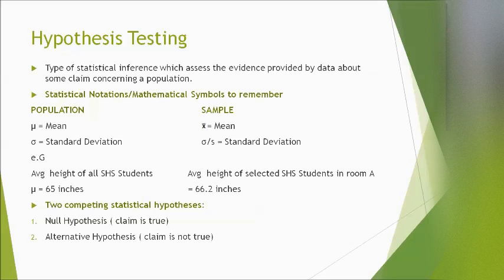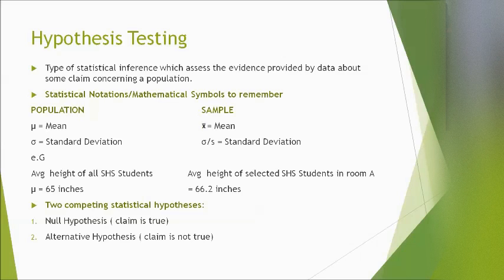Those are the statistical notations or mathematical symbols to remember when conducting hypothesis testing. An example of a population: the average height of all senior high school students. Meaning, you're going to get the total population. For the sample: the average height of selected senior high school students in room A. So from the population, you take the total, while for the sample, you take a unit or a subset from that total population.